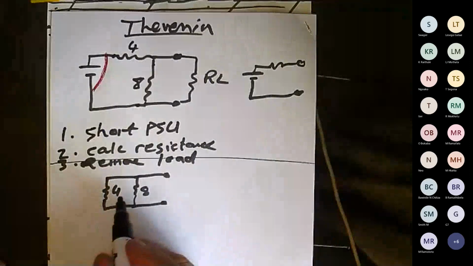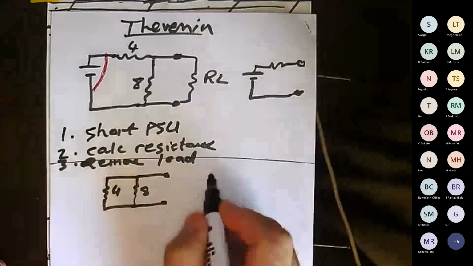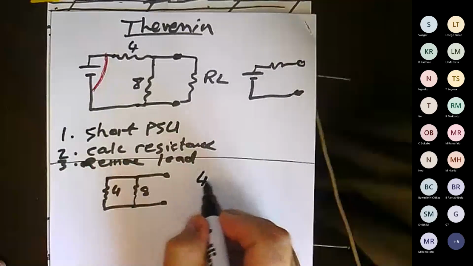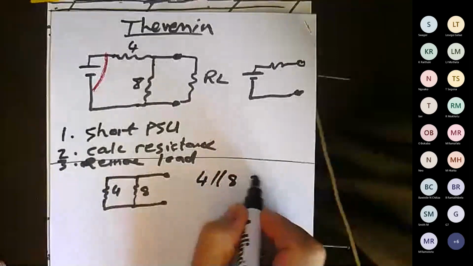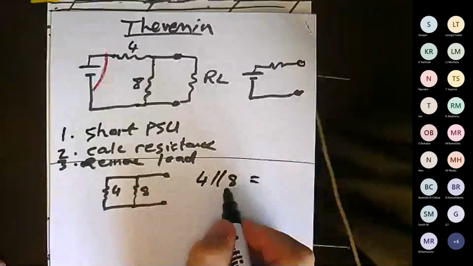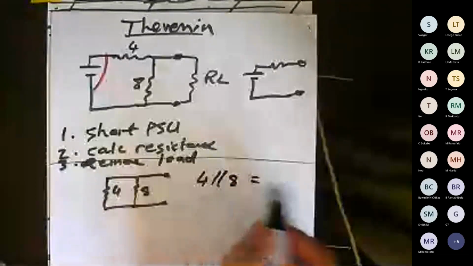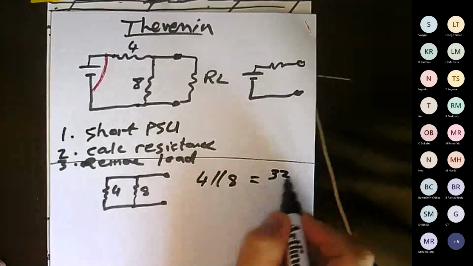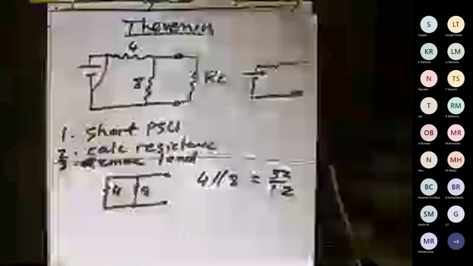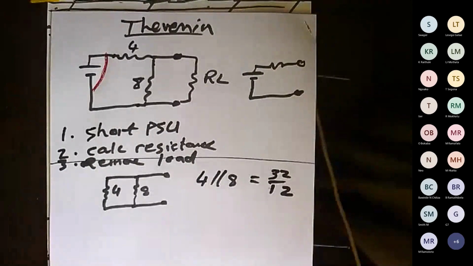Now, when I short this, I can see the form is parallel, so my math goes like this. 4 parallel with 8 equals 32 divided by 12. And can anyone calculate it for us?